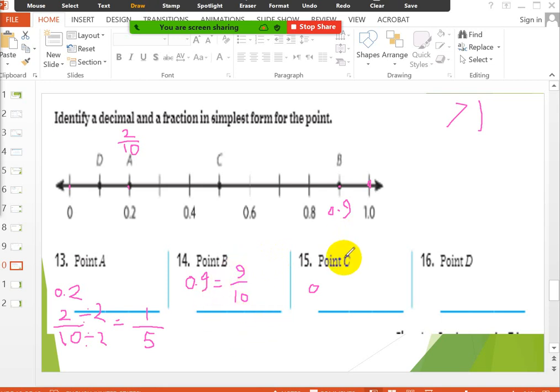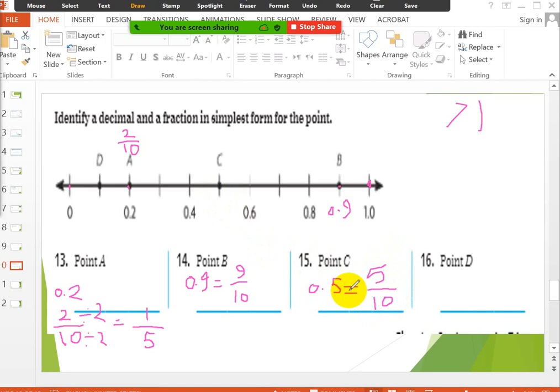Let's see point C. What is the decimal at this point? You can count here. After 0.4, you have 0.5. Okay? Very easy. If I want to write it as a fraction, it will be 5 over what? Over 10, because this 5 is in the tenths digit.